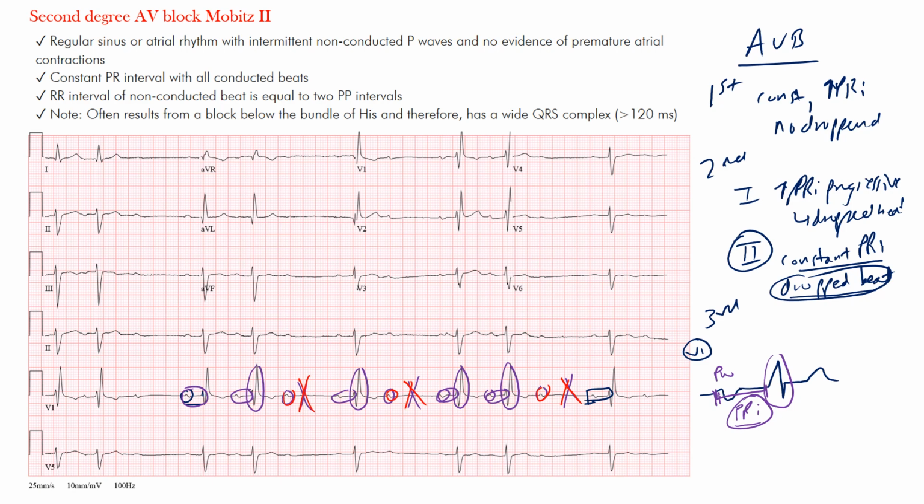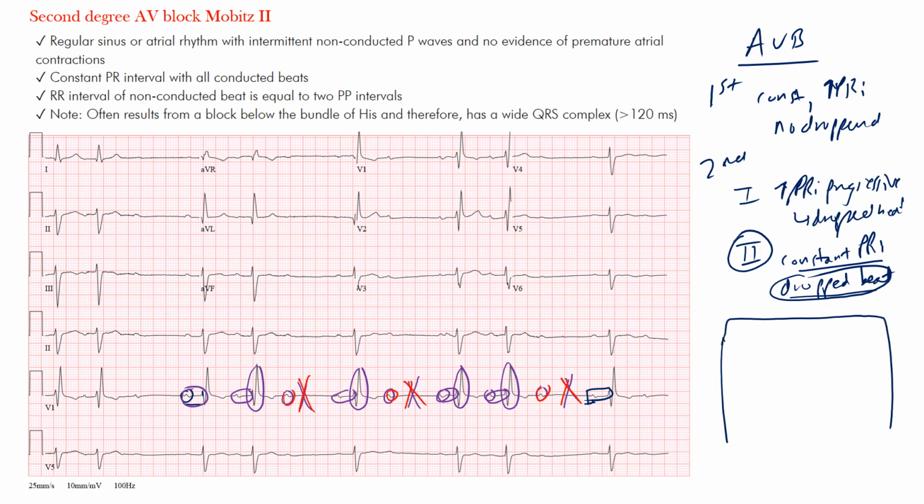Now what we have in this case is conduction failure at the His-Purkinje system, so below the AV node. Let's erase some of this here. In our conduction system, it's always good to review that. So we use our box diagram to simplify it. Here's our right atrium, our left atrium, right ventricle and left ventricle. The conduction system starts up here with our sinus node.